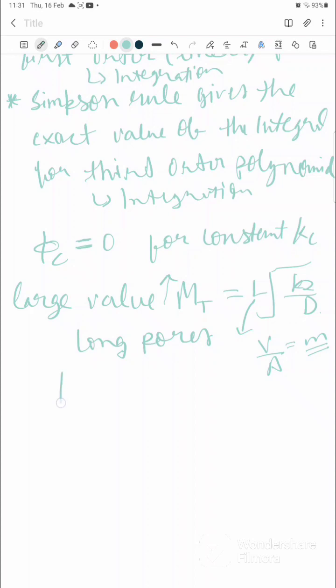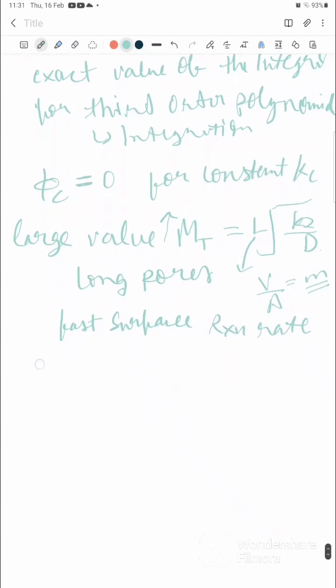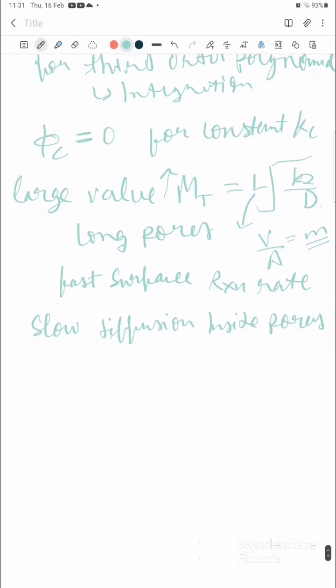Long pores, fast surface reaction rate, slow diffusion inside pores.